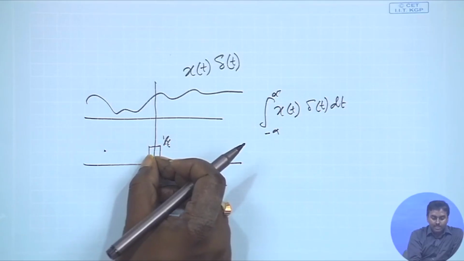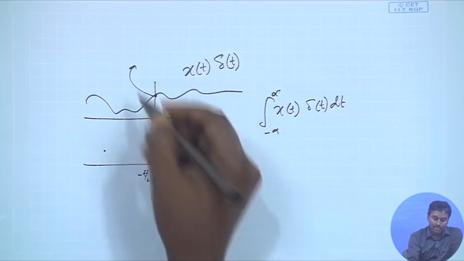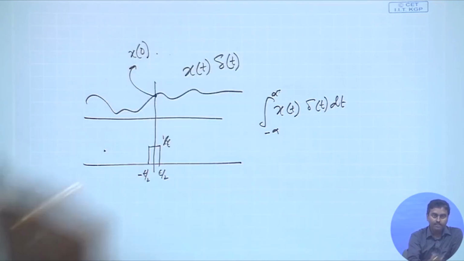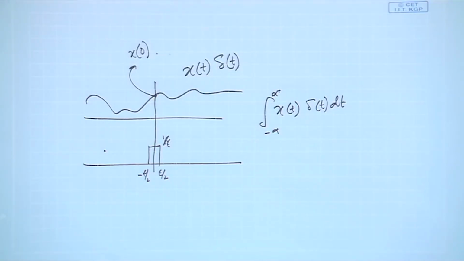As epsilon becomes 0, this function at x0 has some value. If epsilon is infinitesimally small, then around x0 it will almost not be varying, as long as it is a band limited signal. That means it is not changing arbitrarily, such that the immediate next point can go anywhere.